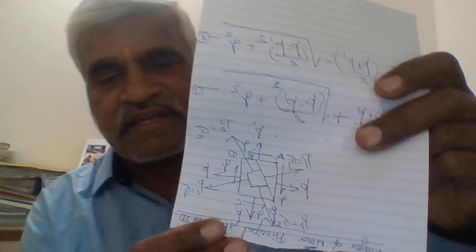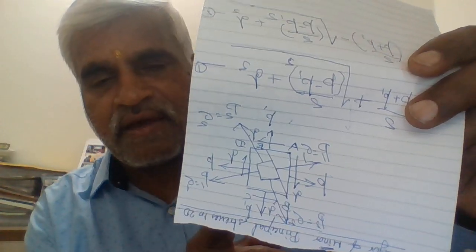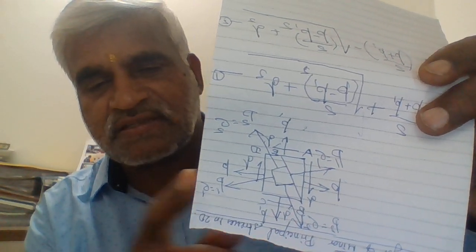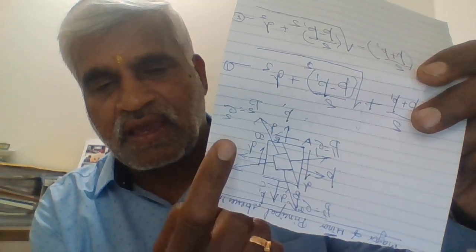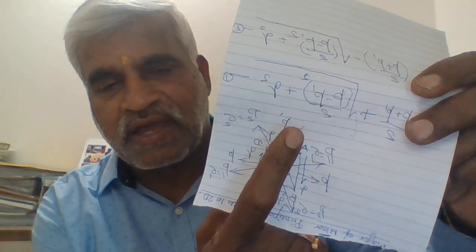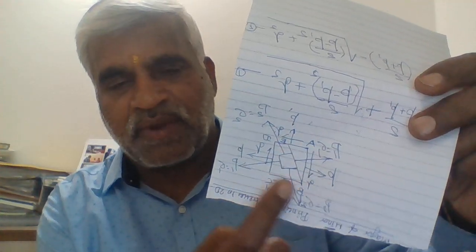Now you can see the strain material is subjected to the normal stress P in the x-axis, and in the y plane you can see P dash, along with the shear stress q on all the planes.